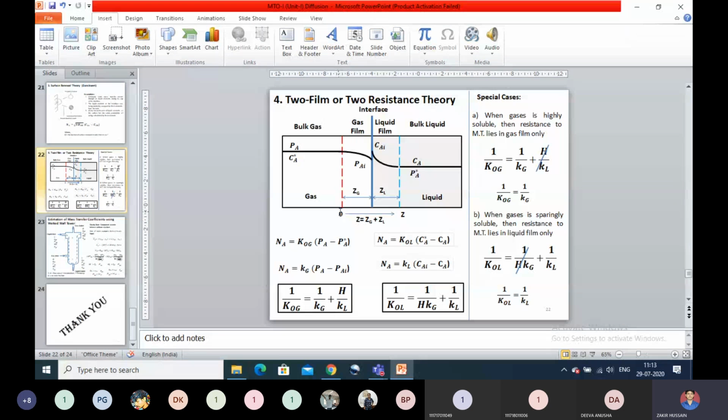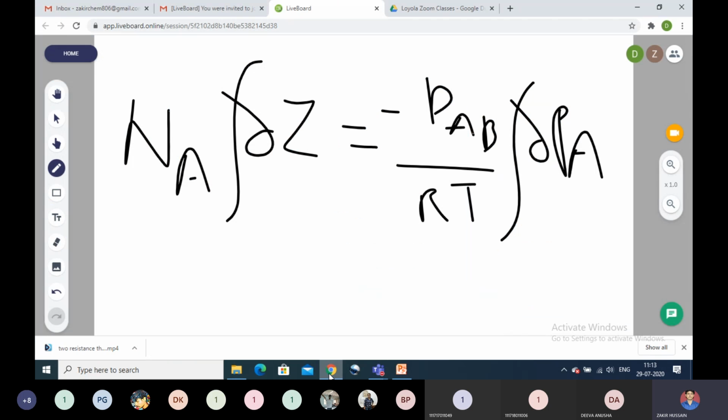When Z is equal to 0, the partial pressure is PA. When Z is equal to some Z, the partial pressure is PA star. So these are the limits.